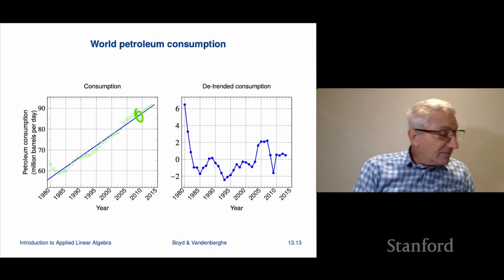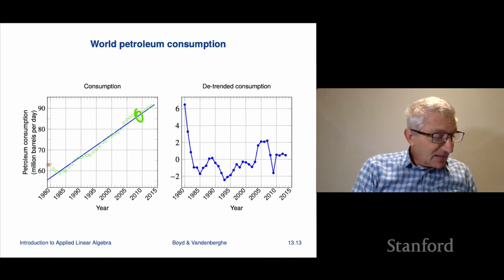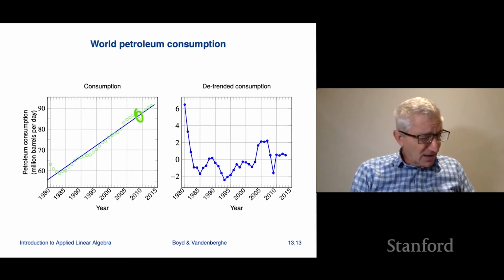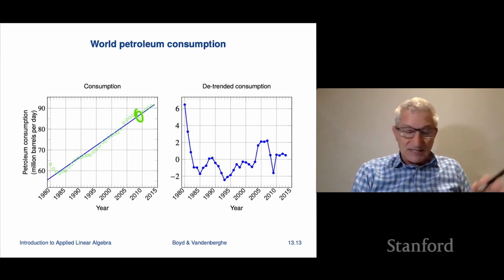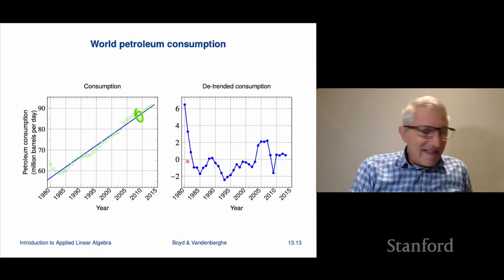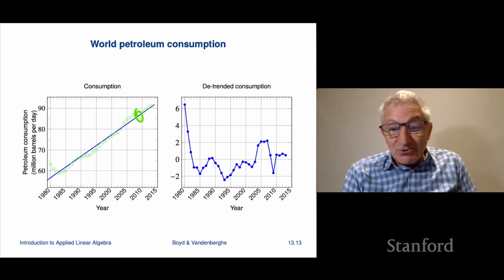Okay, now if I subtract the blue line from the green data, I get this, and we've also drawn lines in between things just to make it easier on the eye. And you get something really cool that looks like this. It shows you in which year how close you were to the trend line, right?